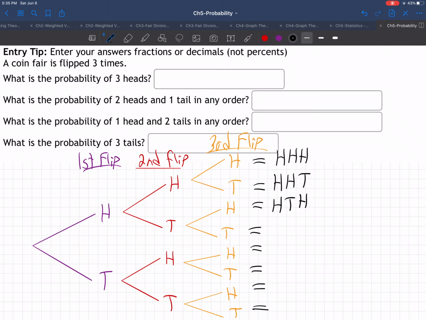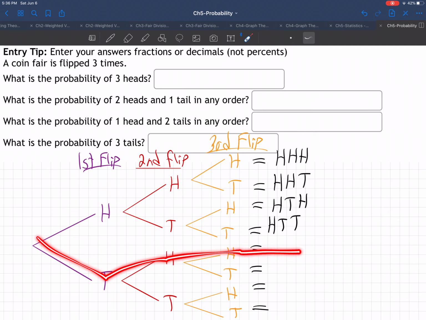Head, tail, head. And then the next one, head, tail, tail. Goes here. Head, tail, tail. And now I'm going to go to the second part. So now we have tail, head, head. Goes here. Tail, head, head.